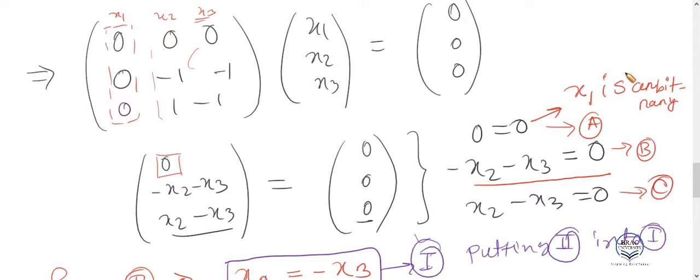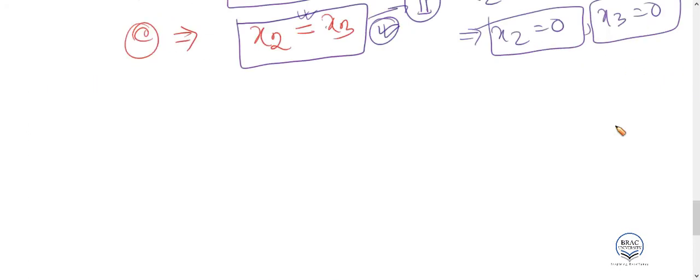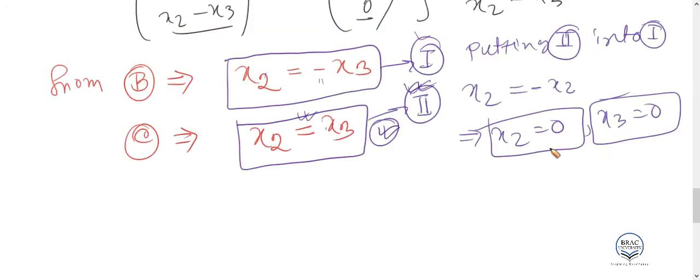That is, we found out about x1, so this is arbitrary, I can take any value I want. Then I got x2 and x3 to be 0.